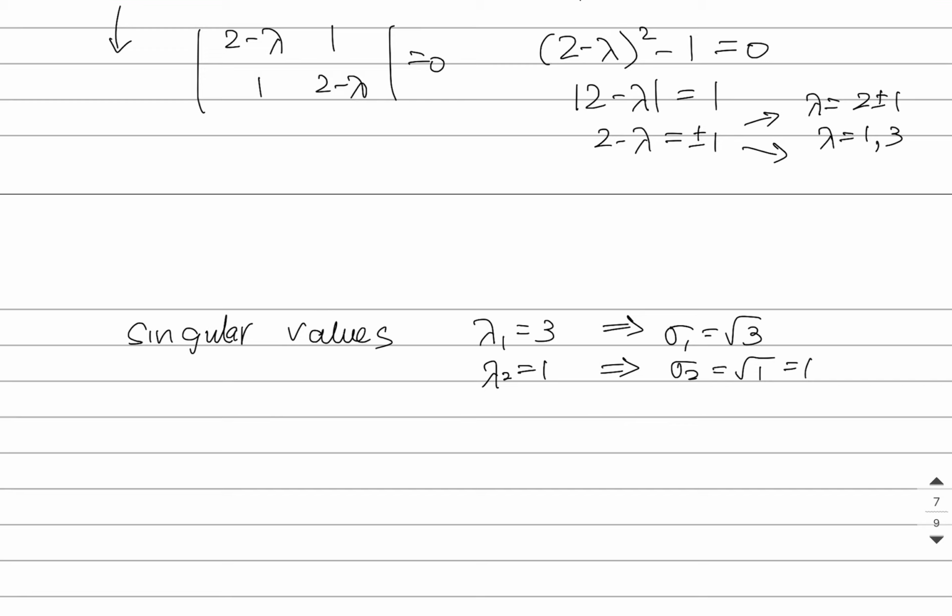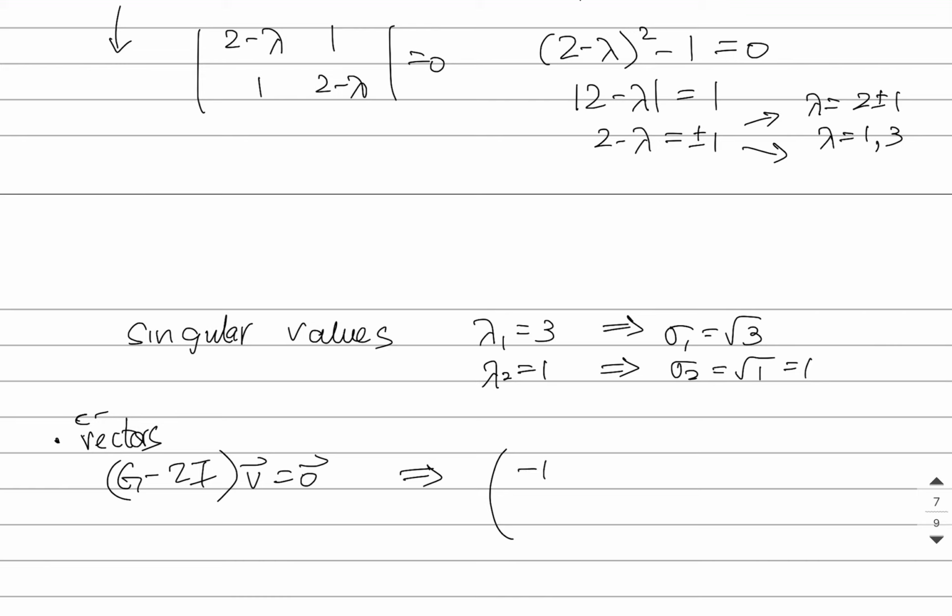Now, we need the eigenvectors. So that means we'll solve G minus 3I times V is 0. And if you do this, you can go ahead, plug this in.